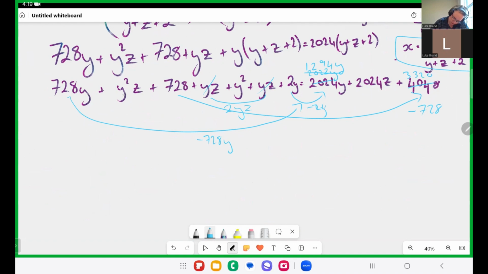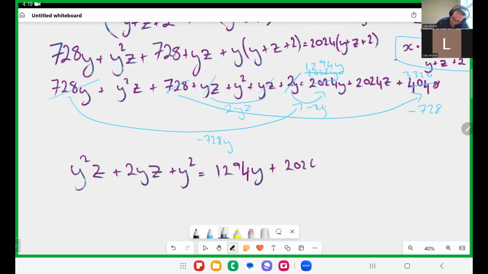So I've got a y squared z, can't do anything with that. That's gone. That's gone. Y squared, can't do anything with that yet. That 2y's over there. All right, now I have y squared z plus 2yz plus y squared equals 1294y plus 2024z plus 3320.